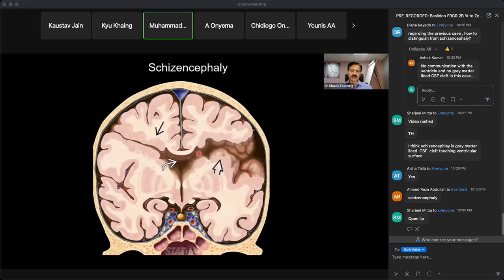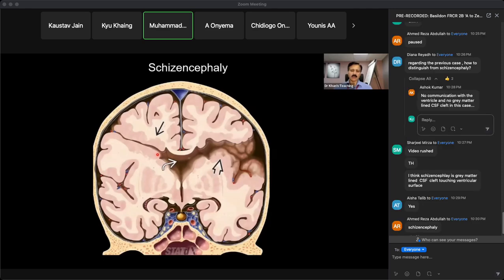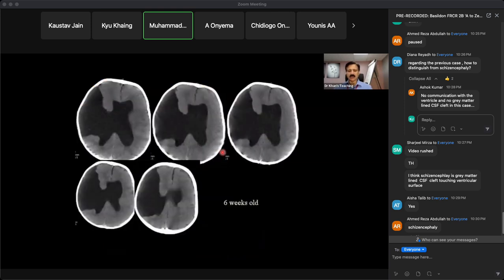There is a cleft, and it is lined by gray matter, and this gray matter is critical because a porencephalic cyst, as we just discussed a while ago, is a cyst because of cortical or parenchymal destruction secondary to old brain insult, like an infarct, tumor, surgery, or radiotherapy. So that will not be lined by gray matter. So this lining by gray matter is critical.